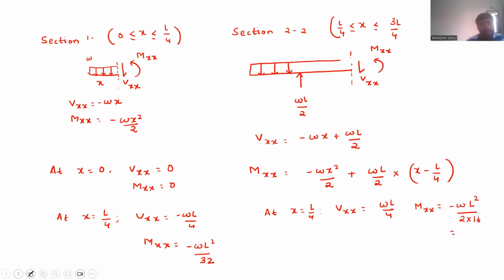So minus WL square by 32. Because the second term will become 0 as soon as you substitute x equal to L by 4, it gets simplified further. So W into L by 4 whole square upon 2 will be equal to minus WL square by 32. Correct?